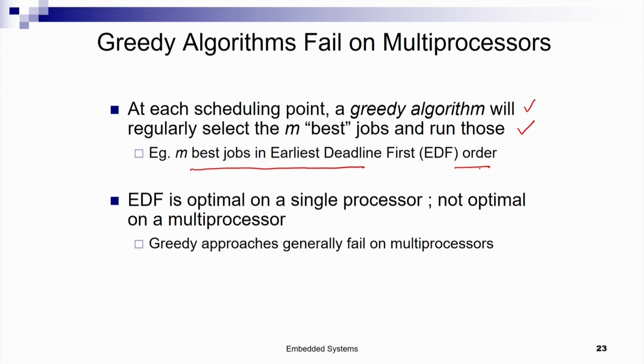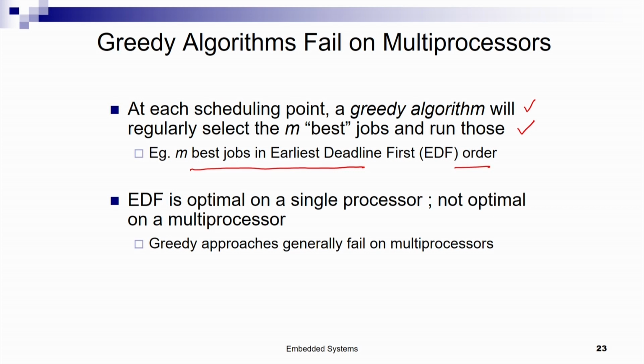So, we have a multiprocessor system consisting of m processors. A greedy algorithm, even if it is a global algorithm, what will it do? The greedy scheduling algorithm will choose the m best tasks and allocate them onto m processors. For example, with earliest deadline first, we will take the m jobs with the earliest deadlines and allocate them onto m processors in order.